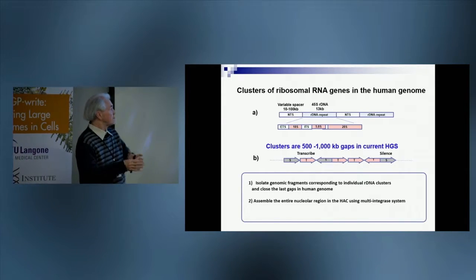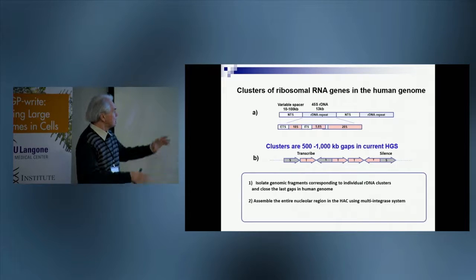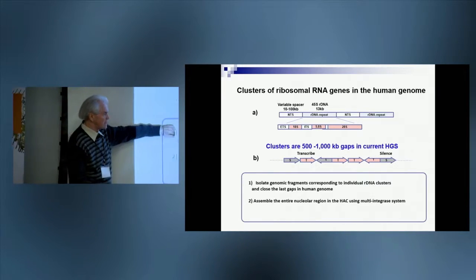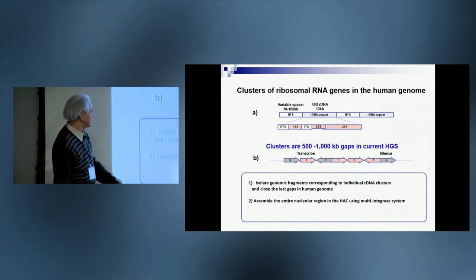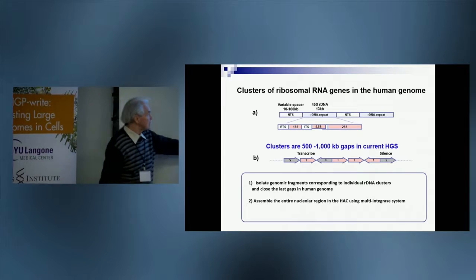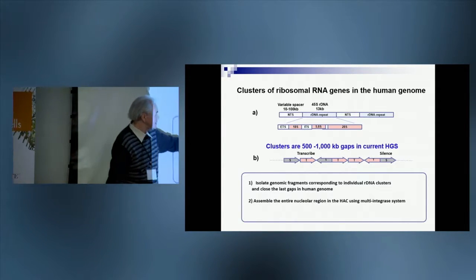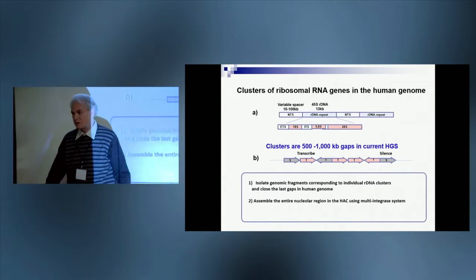The problem was with cloning in the human genome project. Right now we are working on isolation of genomic fragment corresponding to an individual rDNA cluster and closing the last gap in the human genome, and we use this clone to assemble the entire nucleolar organization region in the HAC using multi-integrase system.